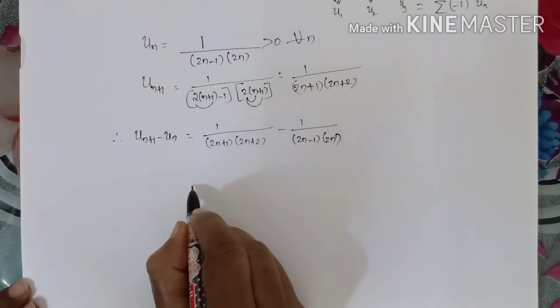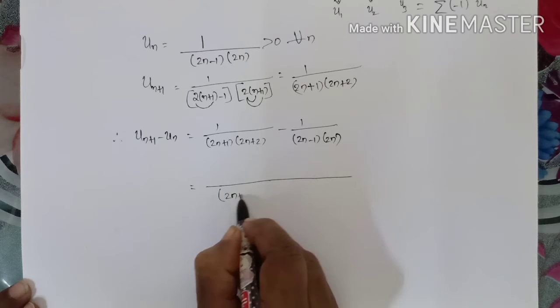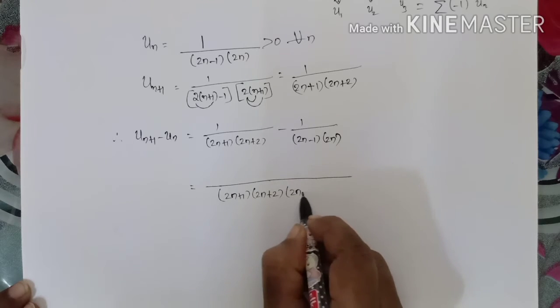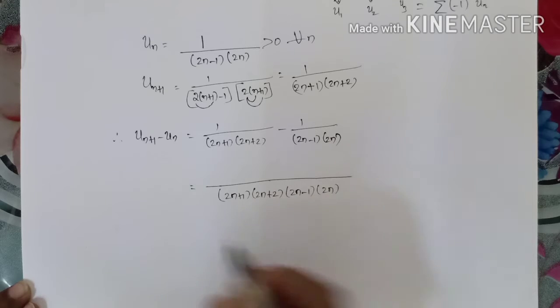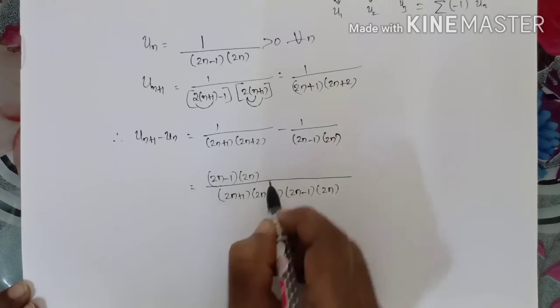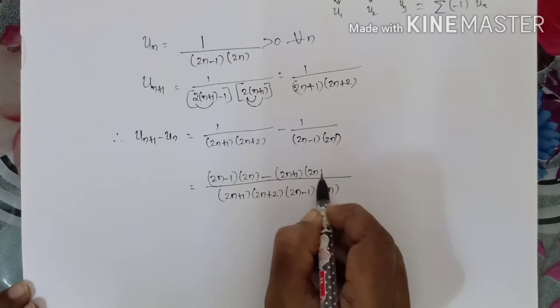Now taking LCM, all are different terms, 2n plus 1, 2n plus 2, 2n minus 1, 2n. This is (2n minus 1) into 2n minus (2n plus 1) into (2n plus 2).